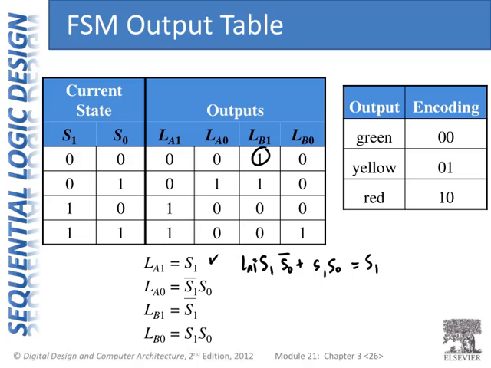LB1, we're going to get S1 bar and S0 bar, or S1 bar and S0. That will just reduce to S1 bar using combining. And finally, we get LB bit 0. So LB0 is going to be S1 and S0.